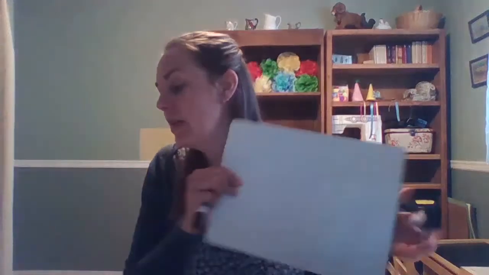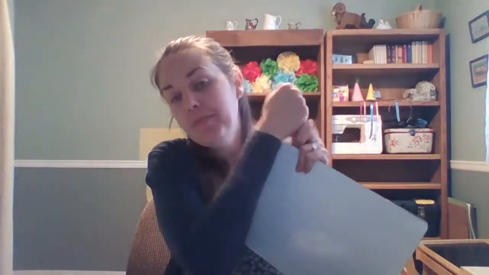Number 15 says, write an equation to show that the mass of the quarters alone plus the mass of the empty jar equals the mass of the filled jar. So they're asking you to write a different equation. So we're going to go ahead and use a different letter, because it says write an equation to show the mass of the quarters alone. So that would just be the weight of the quarters.